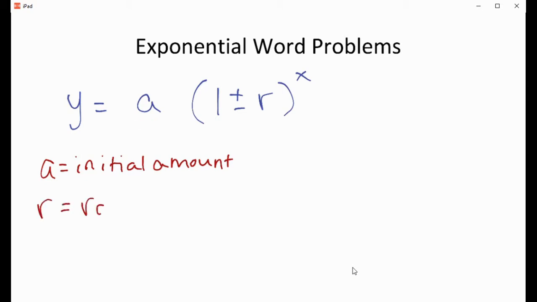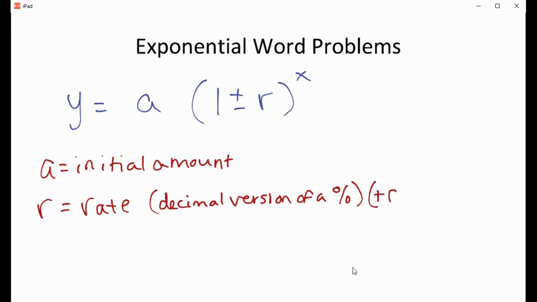R is your rate, which is basically going to be the decimal version of a percent. You'll do plus if it's increasing, minus if it's decreasing, which should make sense.